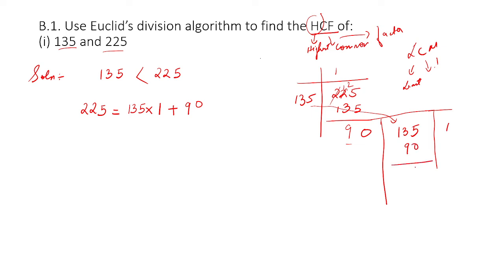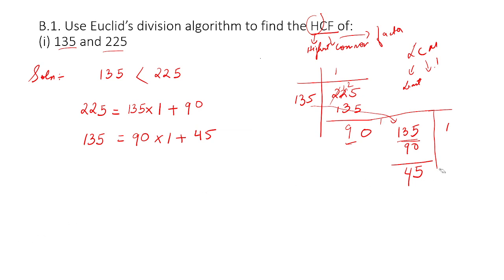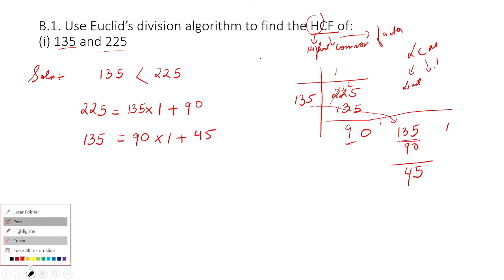So the quotient is 1, and 135 minus 90 is going to be 45. Therefore, what is our new dividend over here? Your new dividend is 135, the divisor was 90, the quotient is 1, and the remainder is 45. We need to proceed until we get our remainder as 0. Okay, so let's go again.